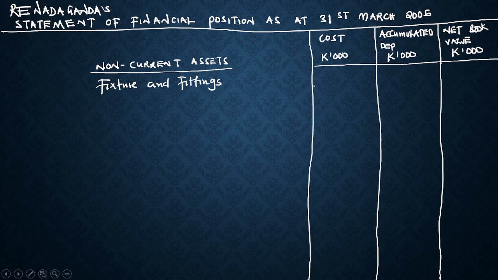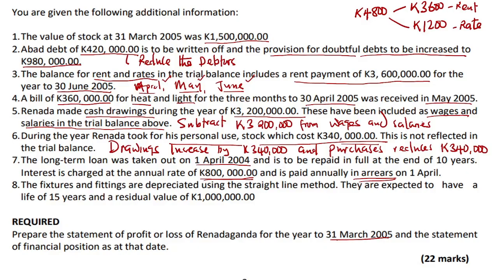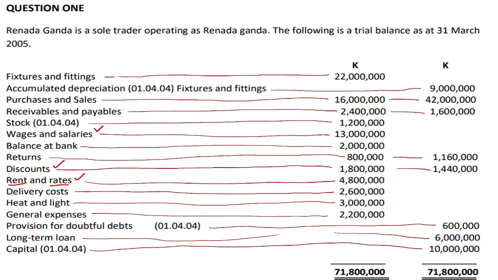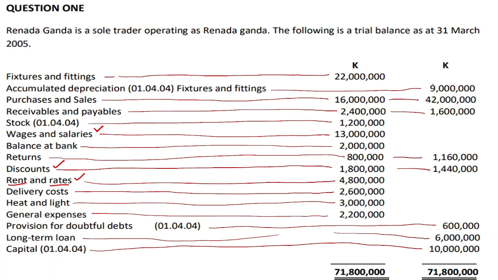What is the cost for fixture and fittings? 22 million. And what's the accumulated depreciation? Now remember, when you say accumulated depreciation, we're even adding the depreciation for this year now. It's 9 million.